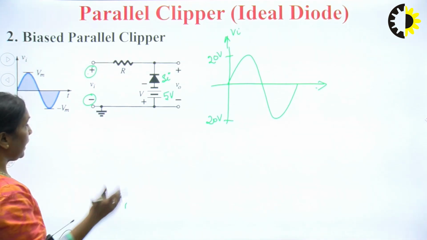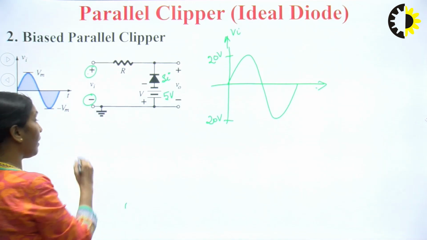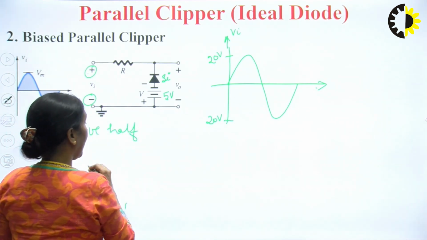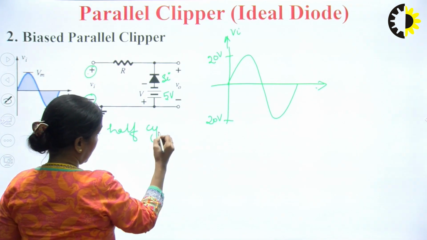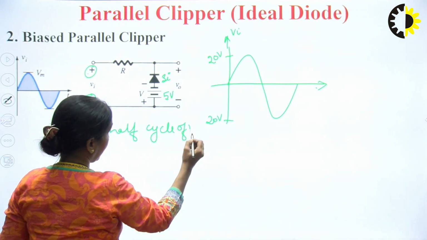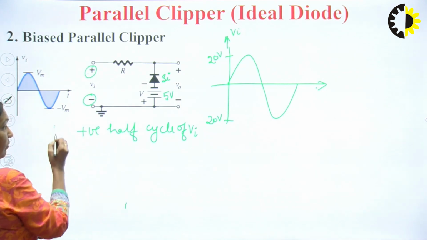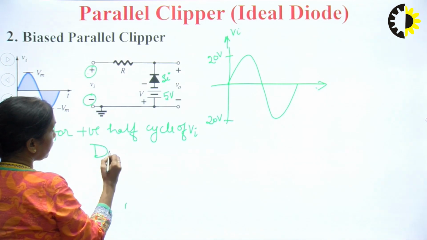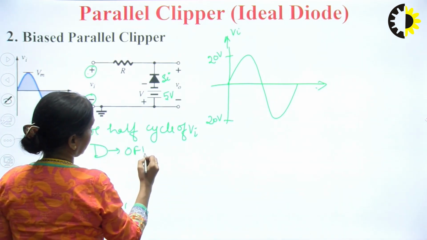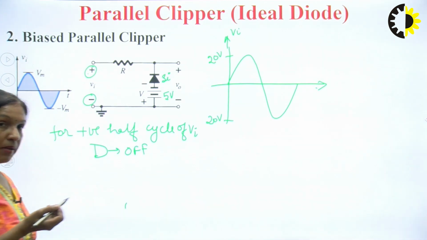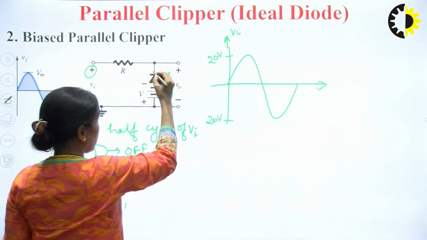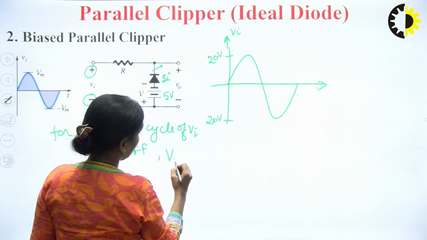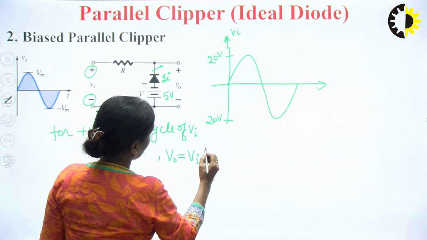So I can say that for the entire positive half cycle of Vi, your diode will be off. It will be reverse bias, that means it will be open circuit. So if it is open, that means output will be equal to input.